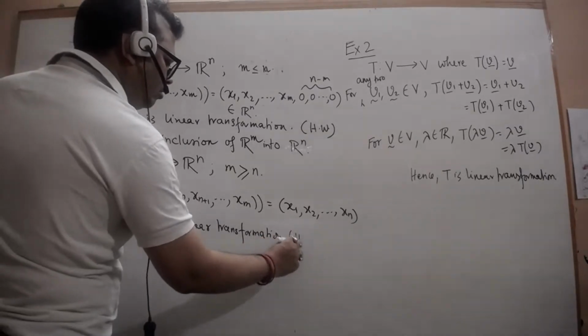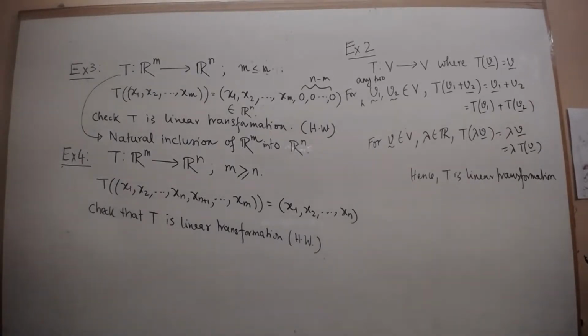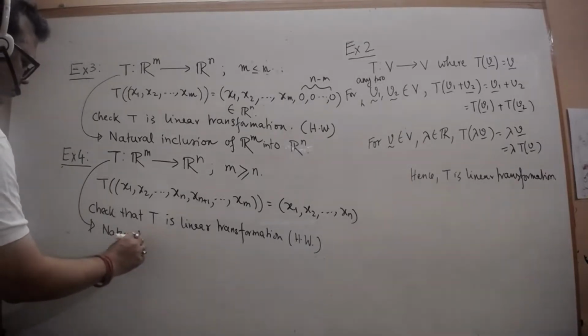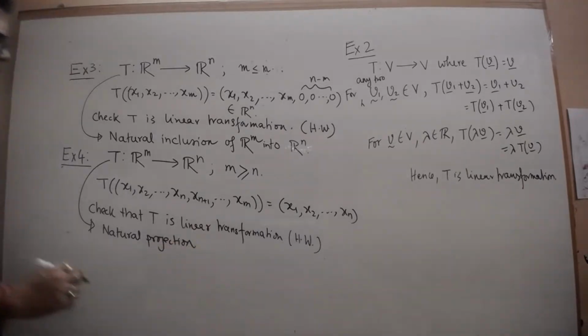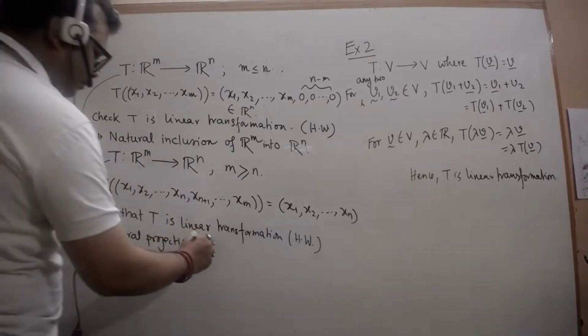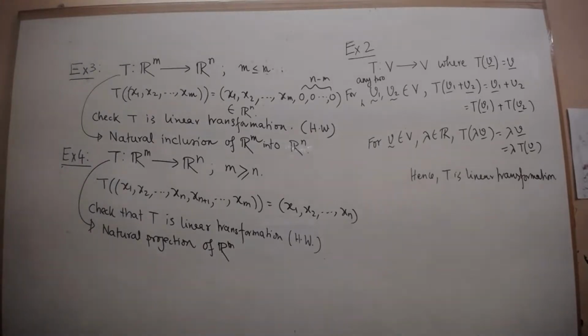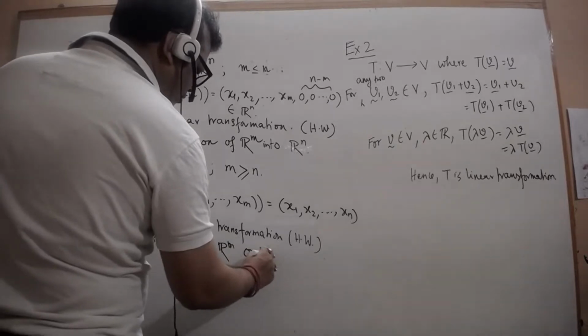This is also another one. This is called natural projection of Rn onto Rm.